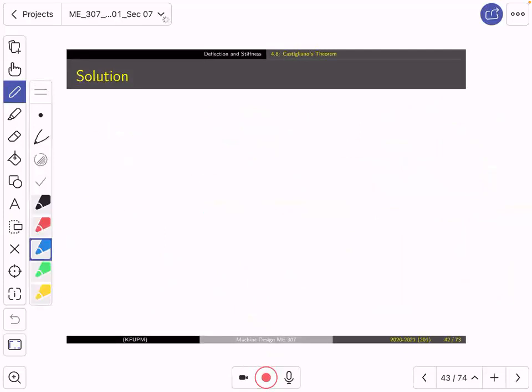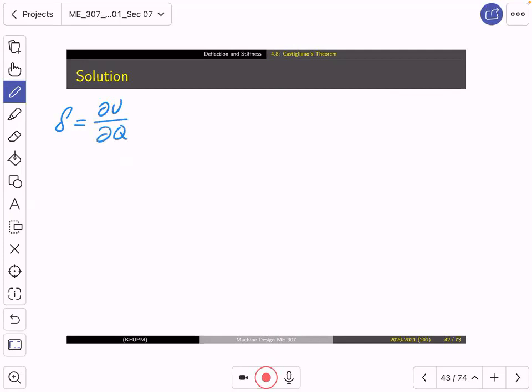Now, what is next is the following. As per Castigliano, find the derivative of the total strain energy over Q. Since I have an equation for each part of the beam, I know, from the equation for bending, the strain energy is equal to what?